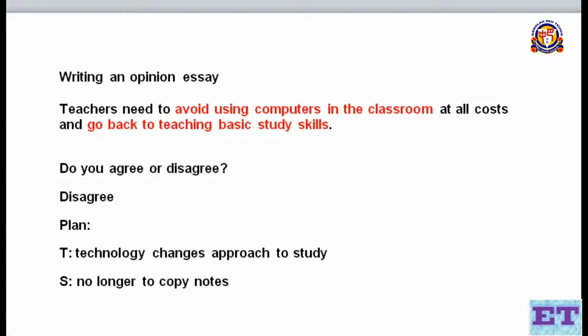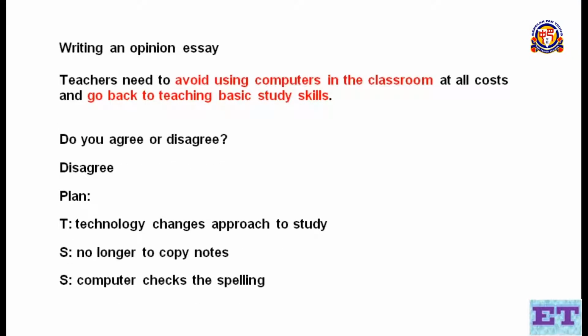And I'm thinking another supporting sentence to make the argument more specific. It could be by using computer, then the computer can check the spelling. So computer is able to check the spelling, right? Then for the basic paragraph 1, I'm thinking about the conclusion.